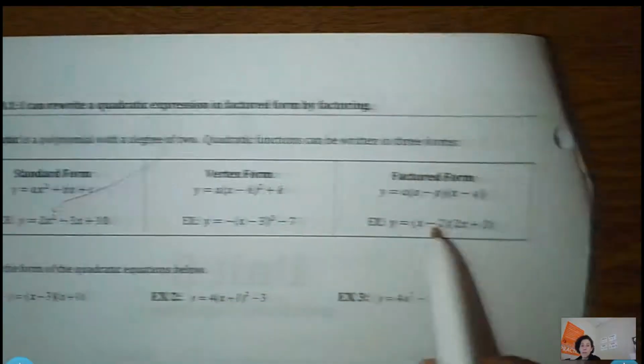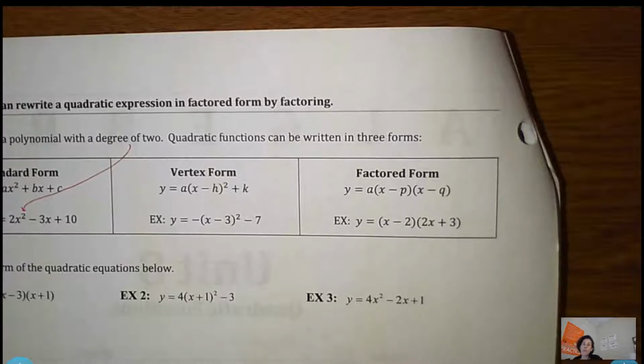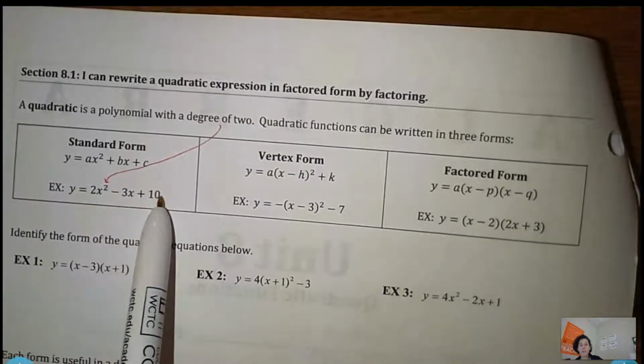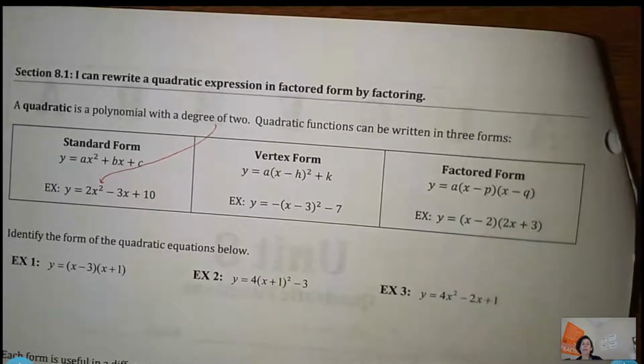The next form that you are familiar with is factored form, because in chapter 7 we talked about terms and we talked about factors. So terms are separated by addition, subtraction, and factors are separated by multiplication, because you need one factor to another to get what you started with.